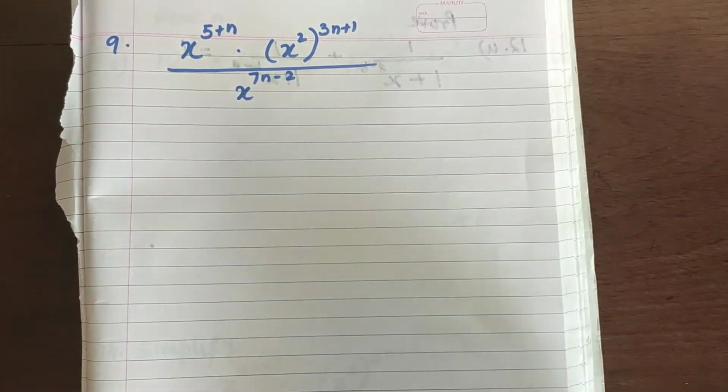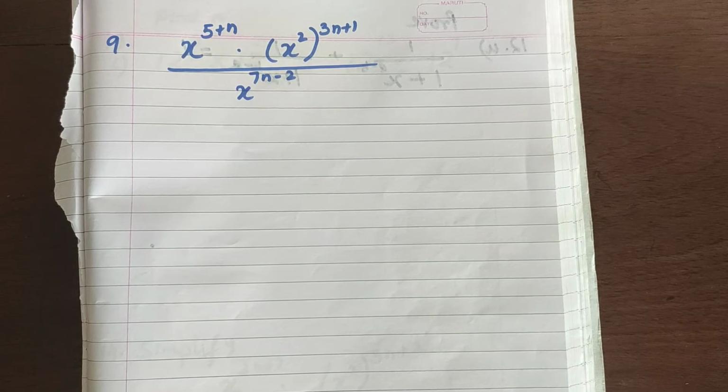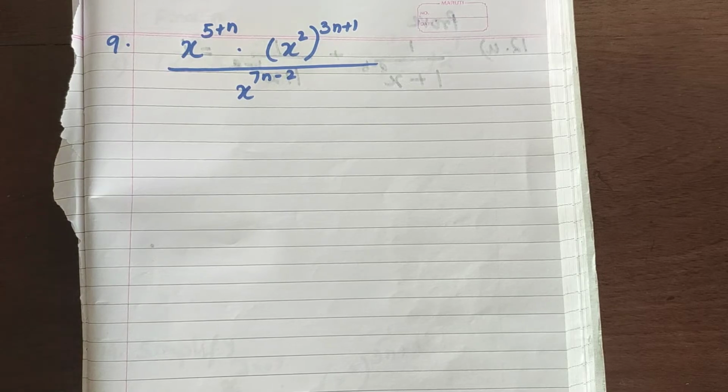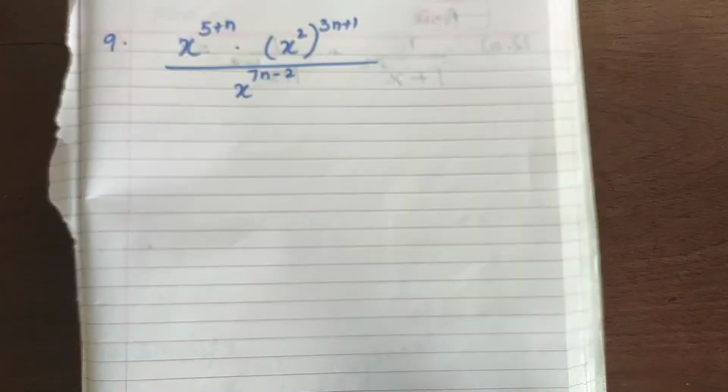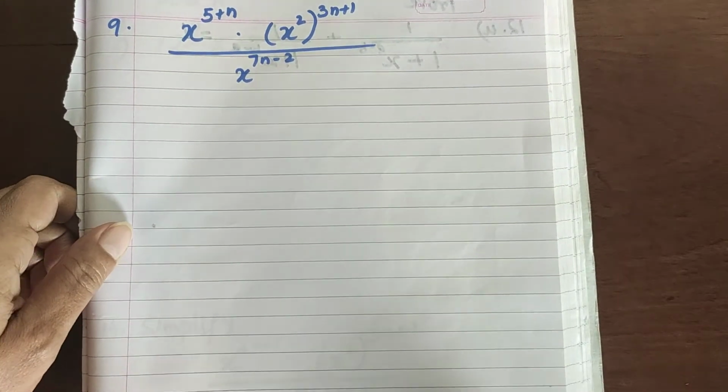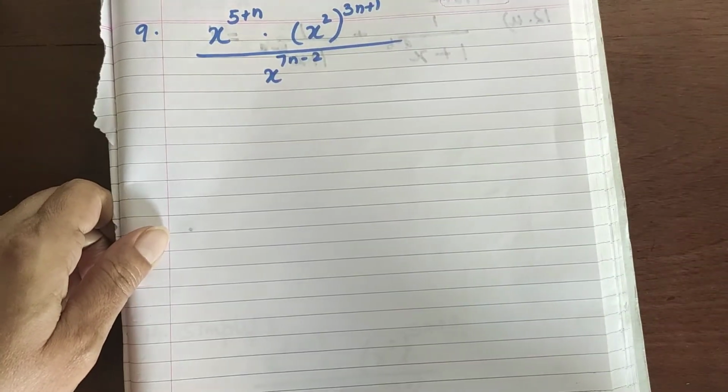Now I move to question number 9. Question number 9 is x to the power 5 plus n into x square whole to the power 3n plus 1 upon x to the power 7n minus 2. Here what we have to do is to evaluate.